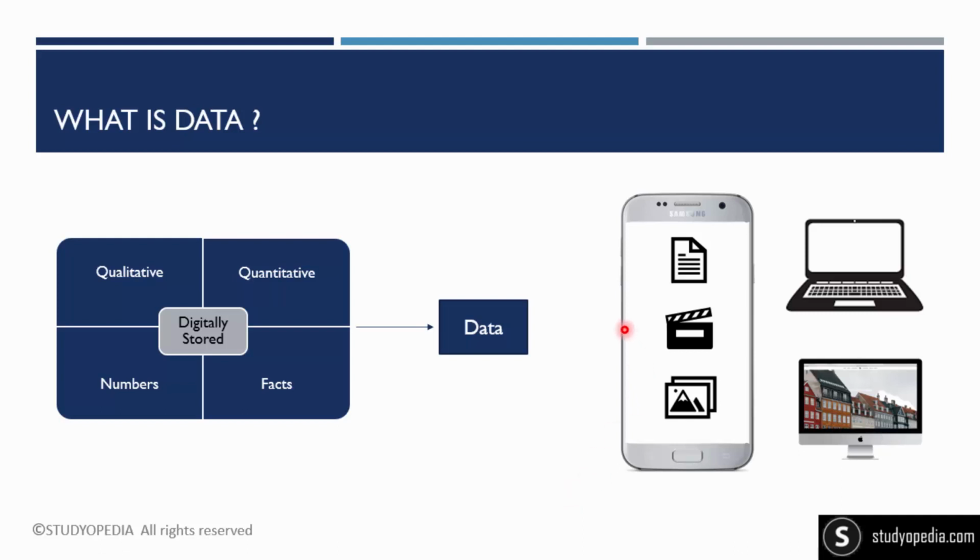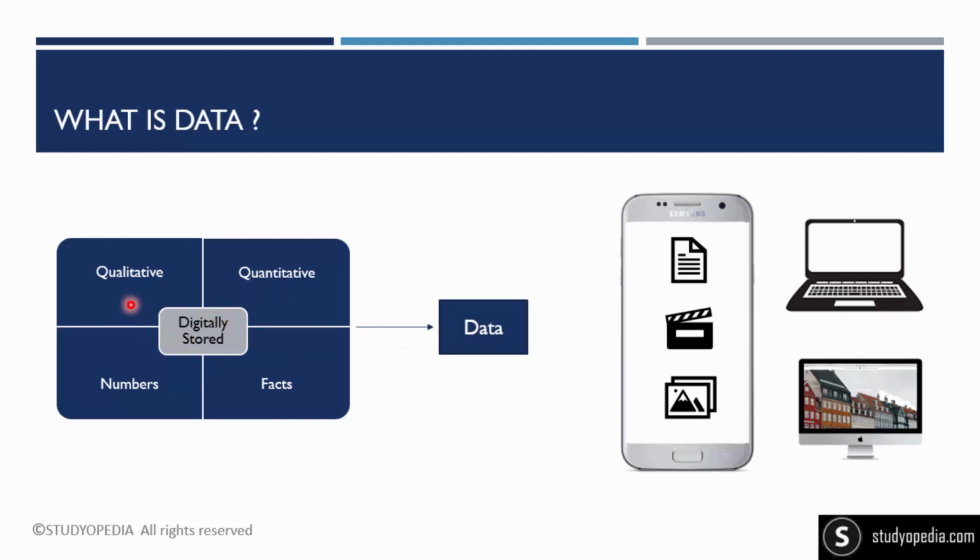Within that, you have text documents, videos, images, your messages on WhatsApp, your messages on phone. With that, all the images, messages, documents, PDF documents, Word documents, Excel on your desktop and laptop also come under data. Herein you can see all these are digitally stored in a form which is called data.